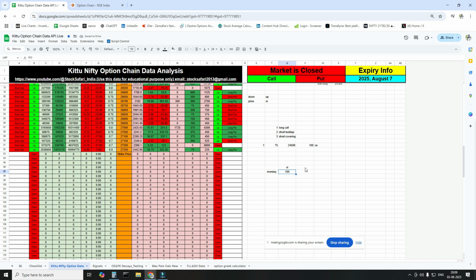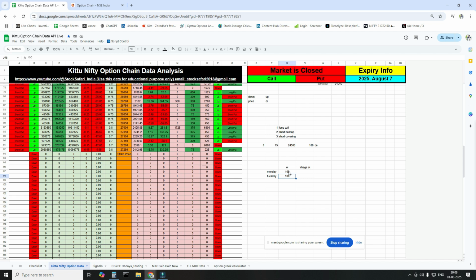Then on Tuesday, the next day, we would look at the change of open interest. So on Monday, by the end of the day, 100 contracts had been traded in the market.